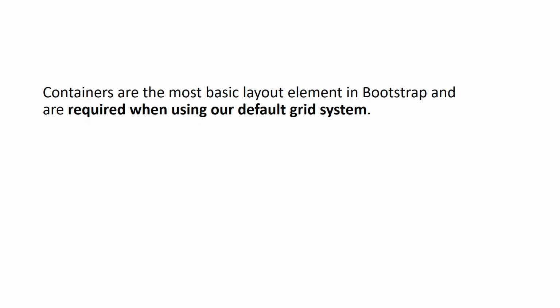But in any way, I'm going to explain how this grid system actually works. The grid system uses a series of containers, rows, and columns to lay out and align content, and it's also responsive. And remember again, this means that it will readjust the content to fit the size of the screen from a small phone to a large desktop.